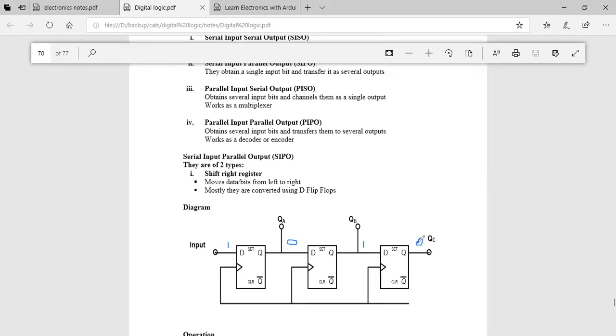Tell me after the next clock what we are going to have here. 1, that's correct. What do you have here? 0, that's correct. What do you have here? This one moves here. This 0 moves here. This one will move here. So it's 1. What do we have here?